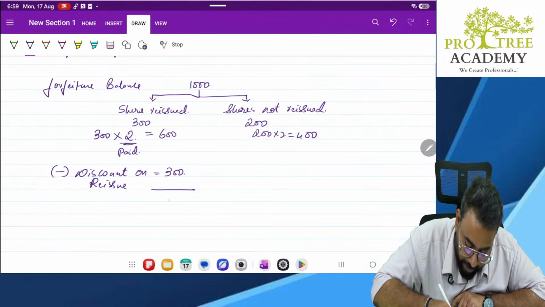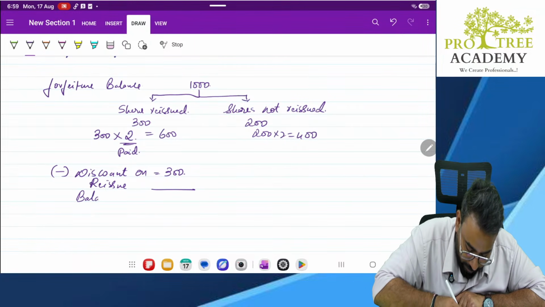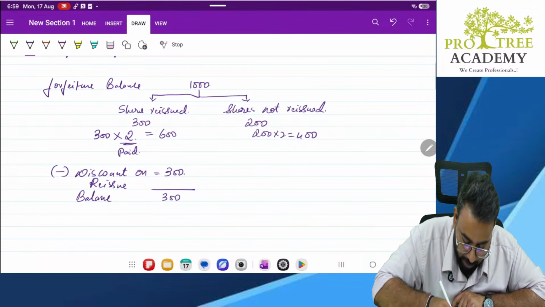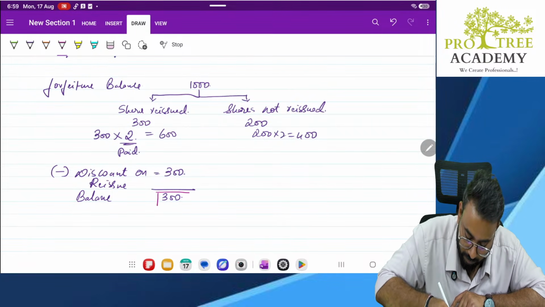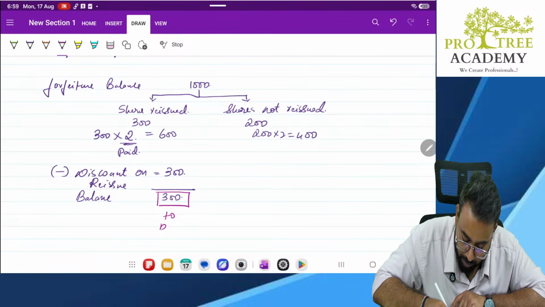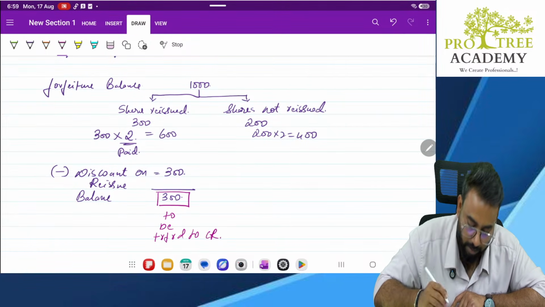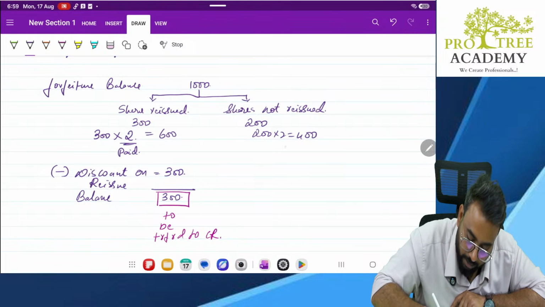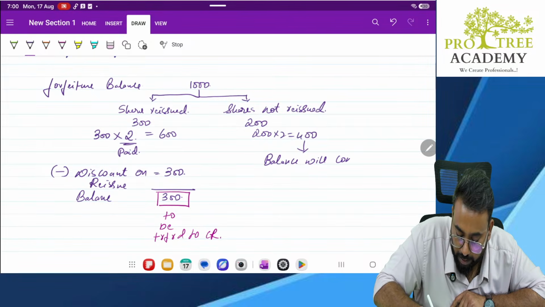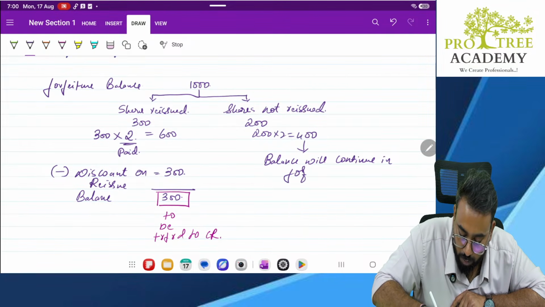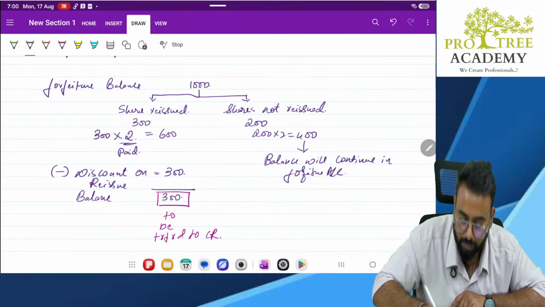What is the balance remaining? The balance remaining is 300, to be transferred to capital reserve. Clear? Here, the balance will continue in the forfeiture account.